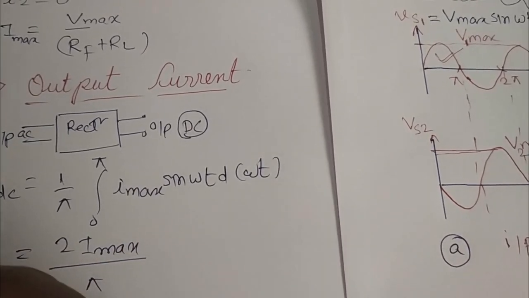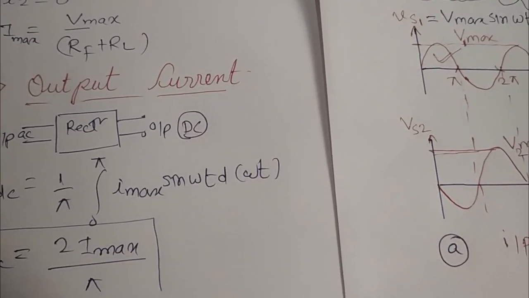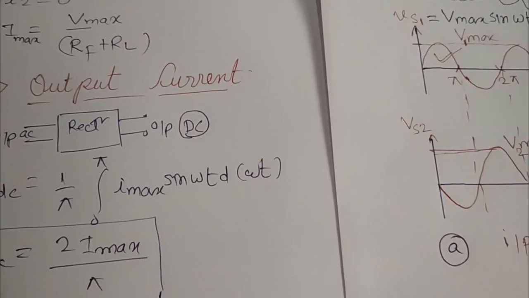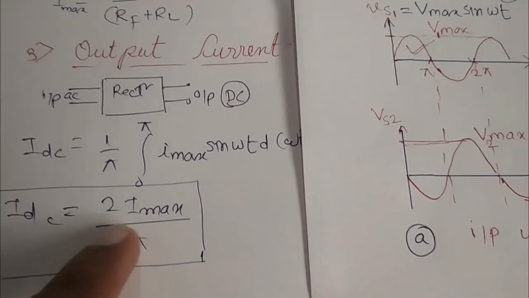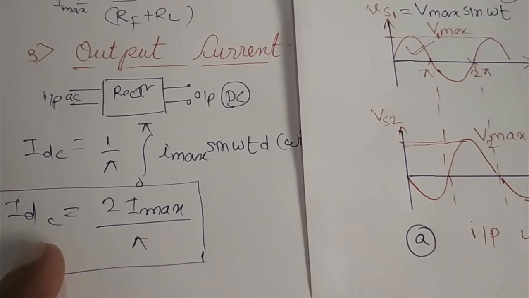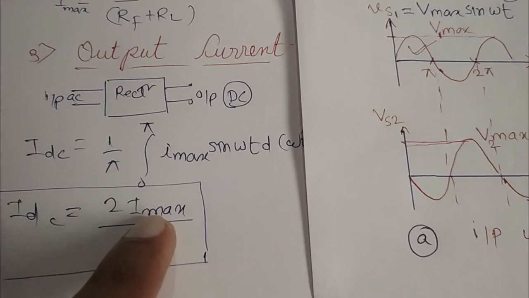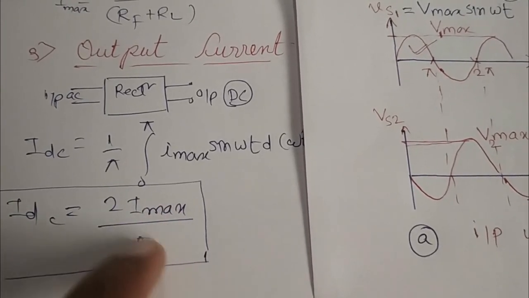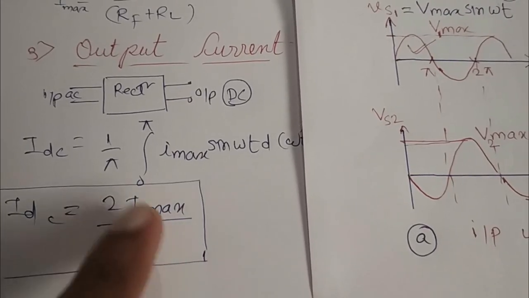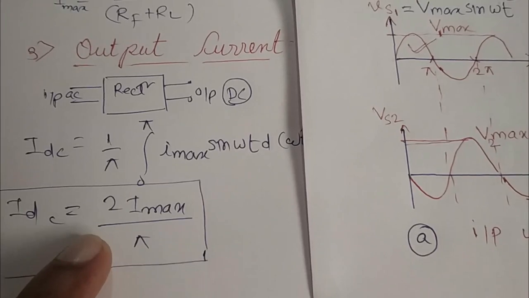This is our IDC. These expressions are important. We have to use them in the numericals. So the output DC current is 2 into the maximum value of current divided by pi. We can put the value of pi and calculate it also. This is about the output current.